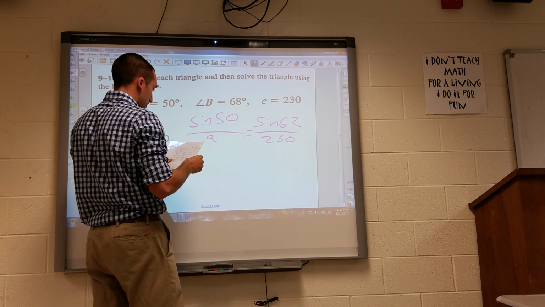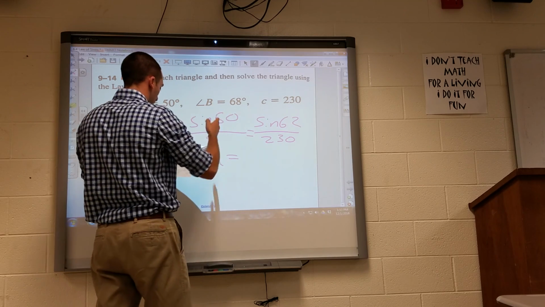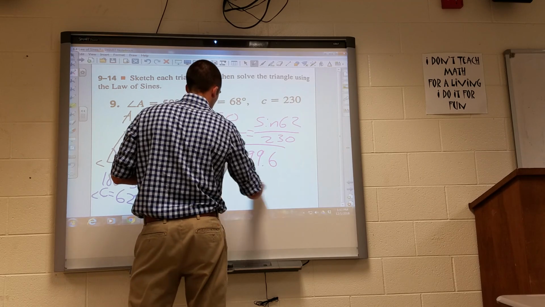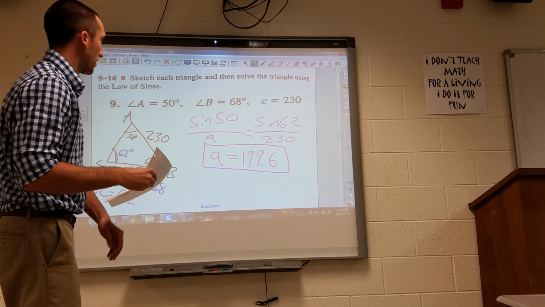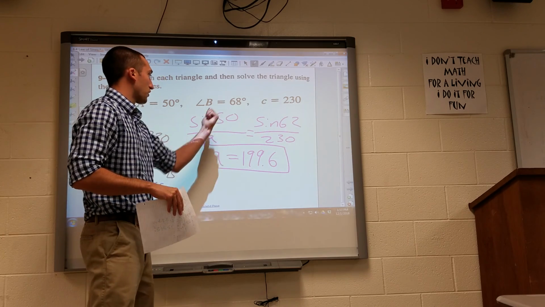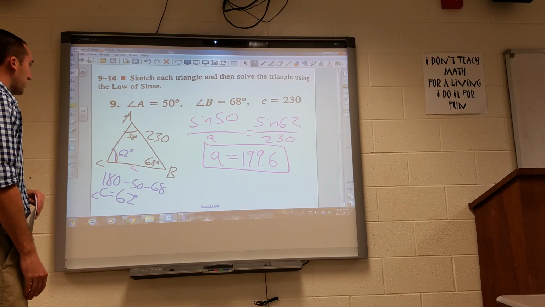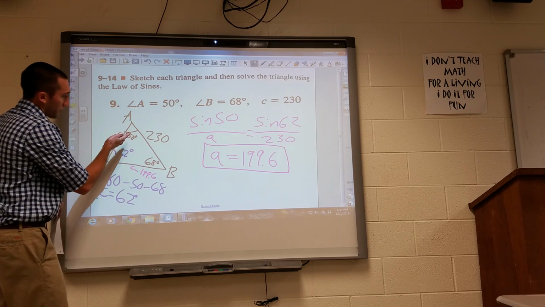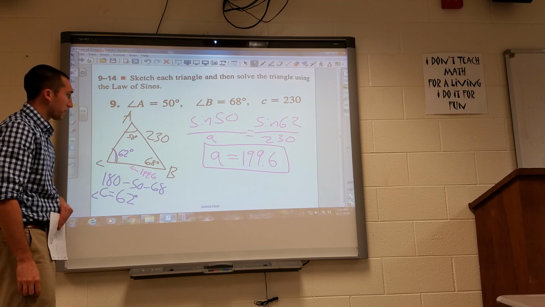If I divide and switch, I get A to be 199.6. To save a little bit of time, I'm not going to do the actual computations. You can check this with your own calculator. If you divide these, then switch and do sine of 50 divided by that answer, you'll get A equals 199.6. And that makes sense because 50 degrees is smaller than 62, so this side must be smaller than side C.